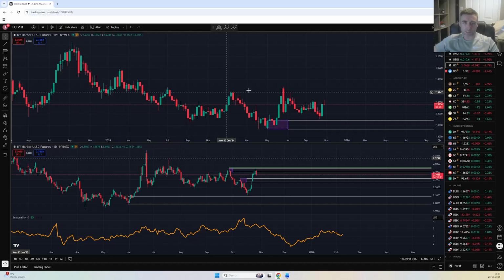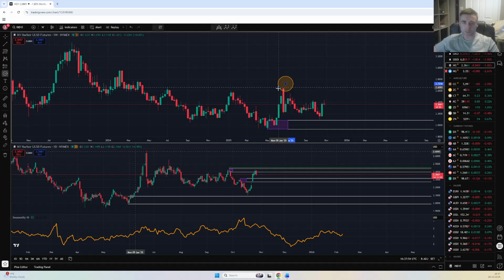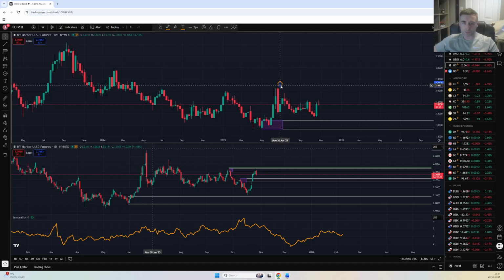We've got the pivots here. This here is slightly concerning. Is this the first sign of a change in trend? Are we going to go upwards? Now, it's too early to say, but it's a possibility.